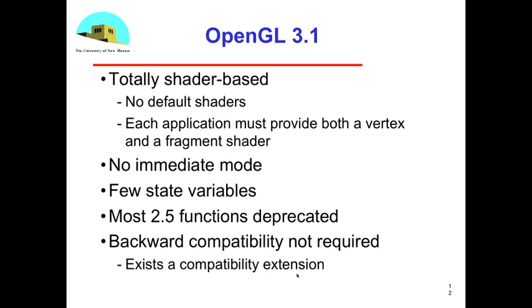It went from 2.5 to 3.0 because this was a major change, not just a little upgrade. So in 3.0, they said, as of 3.1, we're going to be totally shader based, and there's not going to be any fixed functions around.